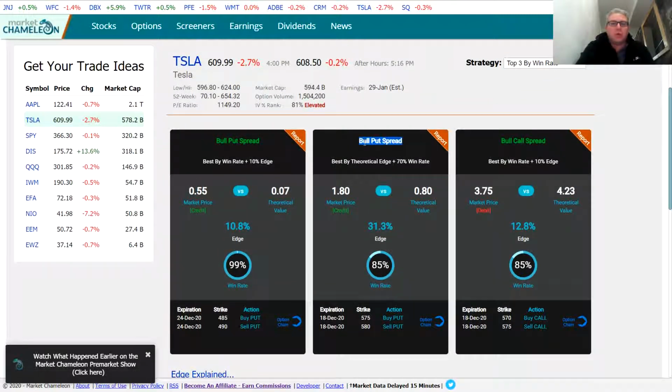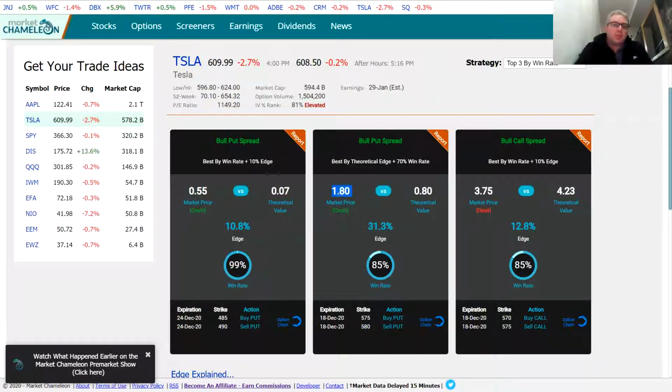First one, a bull put spread on Tesla, at a price of 680. You're selling, again, sell put 580 and buy put 575 for next week. As long as Tesla stays above 580, you're gonna keep 180 bucks.